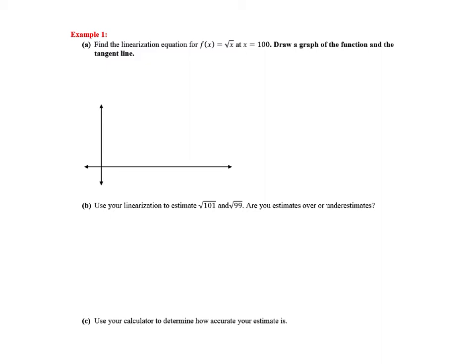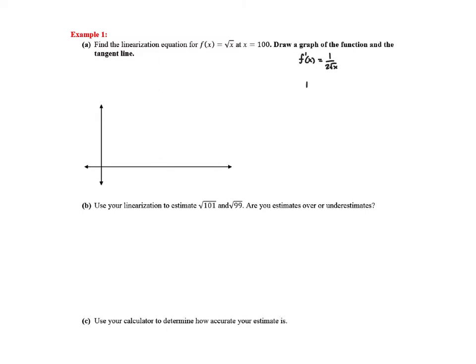All right, it says here, find the linearization equation for f equal to square root of x at x equals 100. Okay, so let's first find f prime. Well, f prime at x we know is 1 over 2 root x.